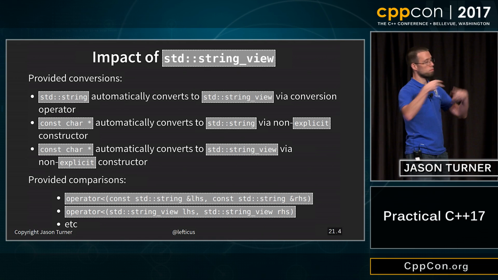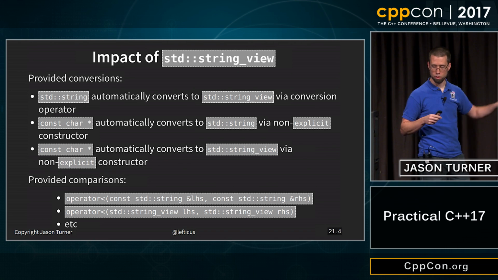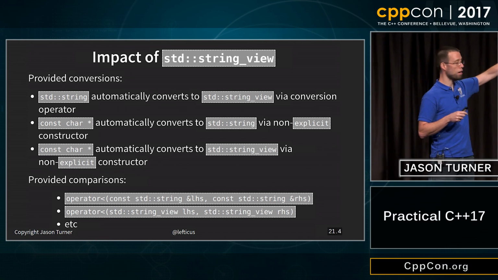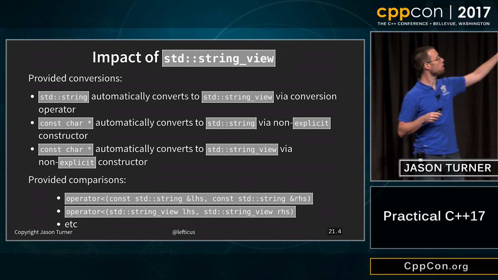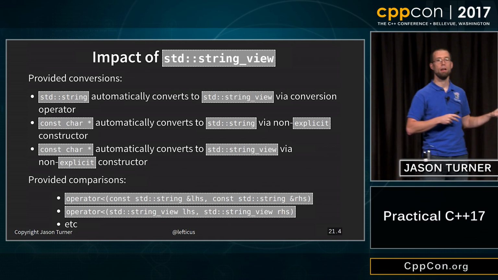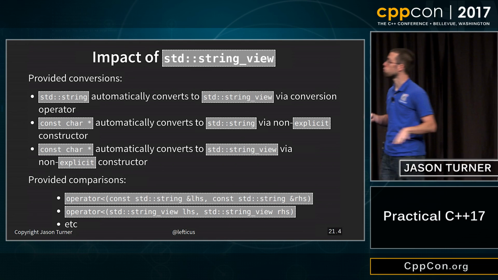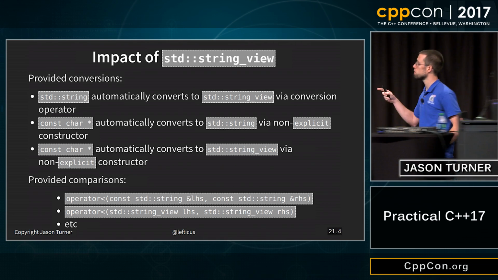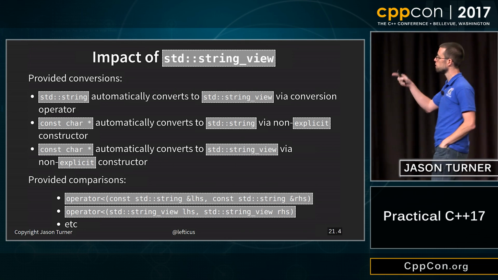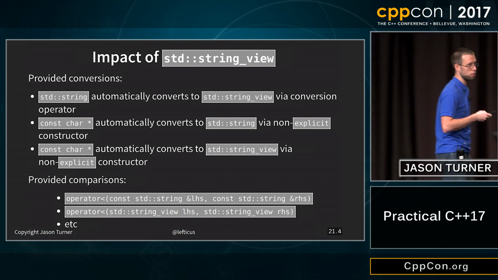So we've got this intersecting thing. And all the comparison operators exist for string_view like this. So if you want to do a string_view less than a standard string, that's going to compile and work because it's going to implicitly convert your string into a string_view and then call the less than operator for comparing string_views together.